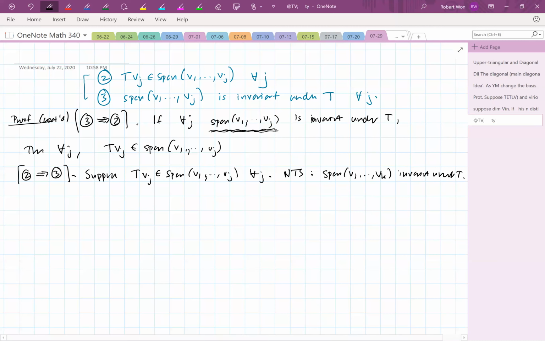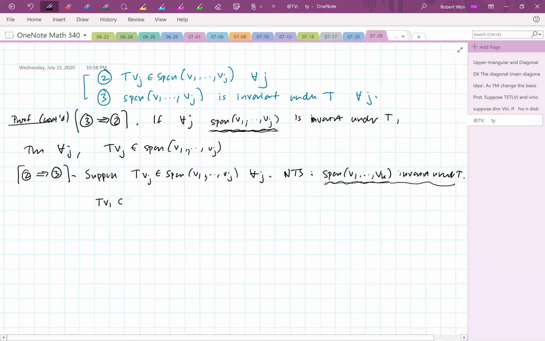Okay, well, let's think about where the spans go, what happens to the elements of these spans under T? Okay, well, what is T of V1? I'm assuming part 2, right?